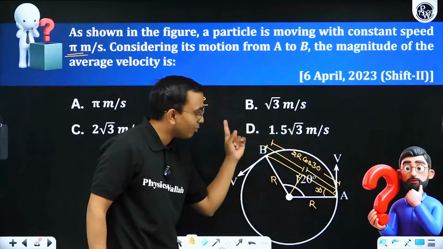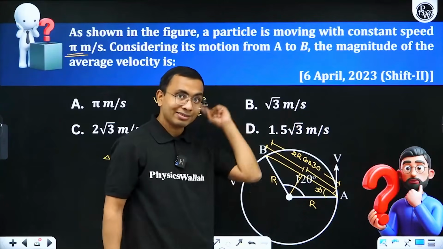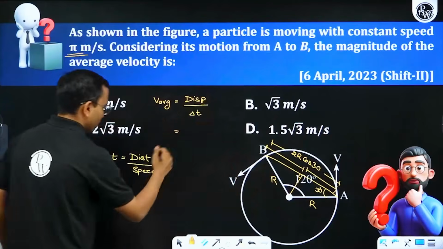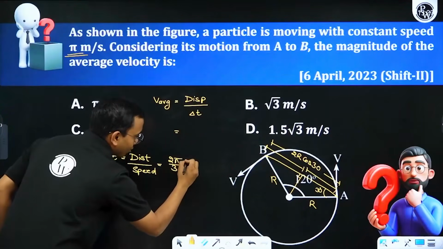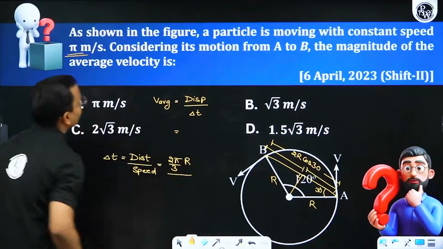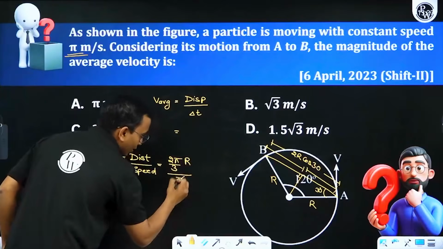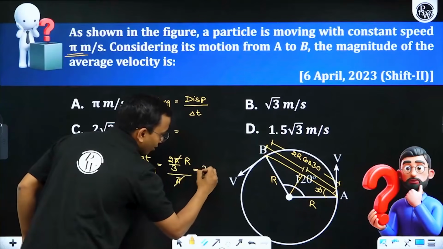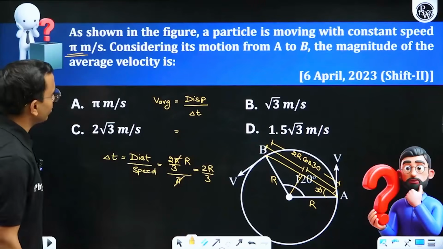So this arc length will become 2 pi by 3 into r because arc length is theta into r. So it will become 2 pi by 3 into r divided by the speed, that is pi. So this is 2r by 3.